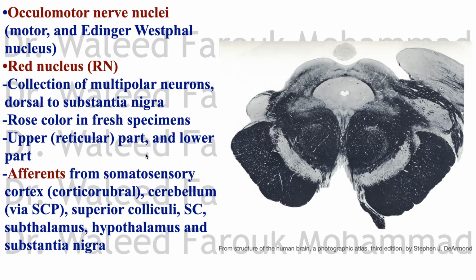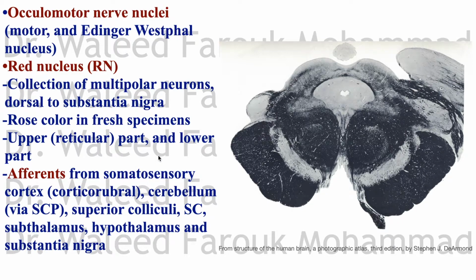Afferents to the red nucleus come from the somatosensory cortex, called corticorubral fibers, from the cerebellum via the superior cerebellar peduncle, the superior colliculus, the spinal cord, the subthalamus, the hypothalamus, and the substantia nigra.